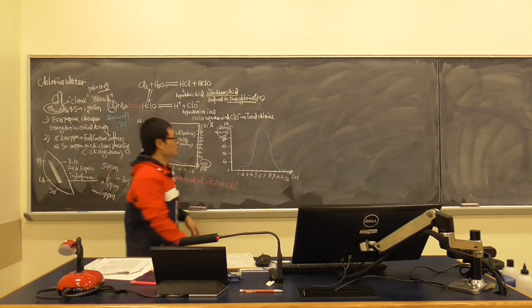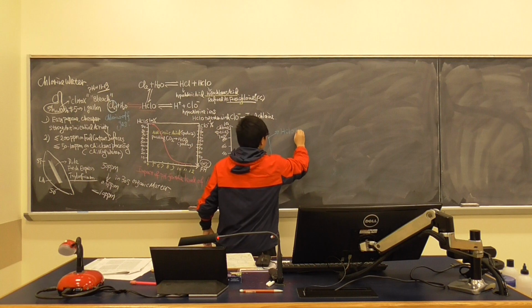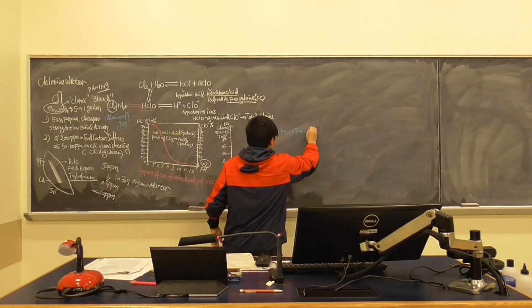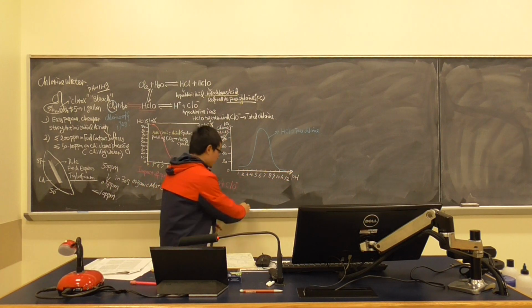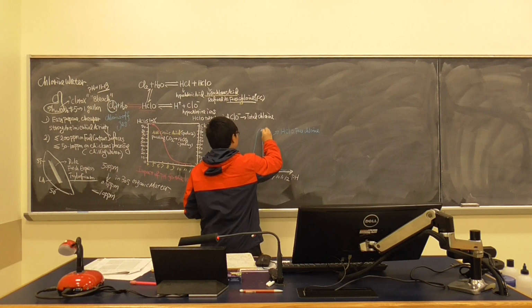What's the first curve? HClO. That's free chlorine. And the peak value, you see, is right up here.